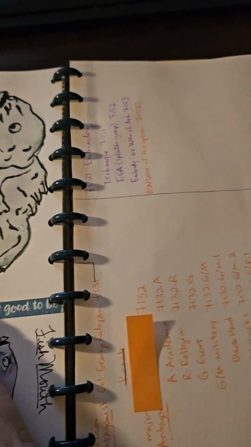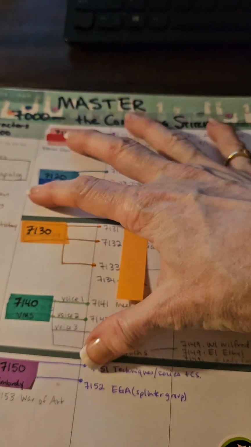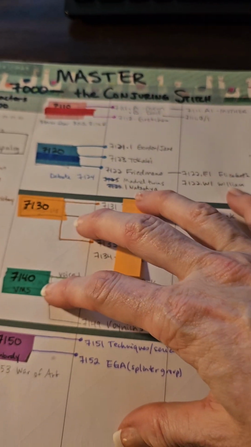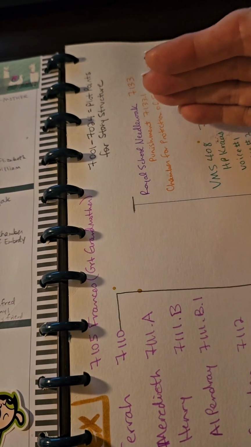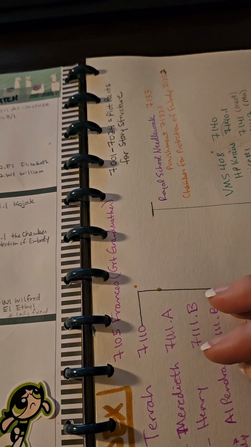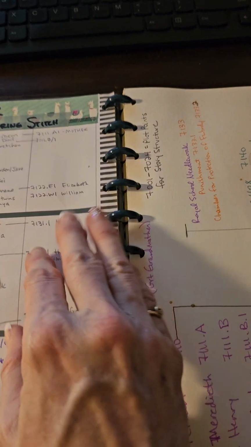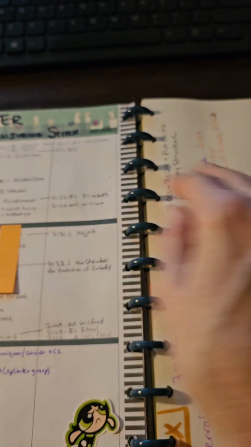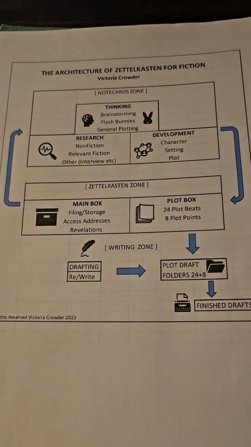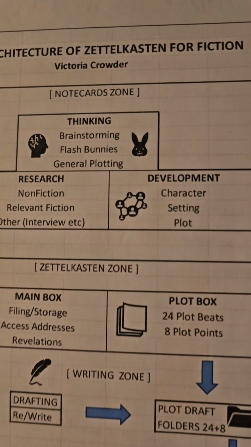So essentially what you're looking at is a way to develop your main characters and their characteristics alongside your main antagonists and their characteristics so that you can then start to weave the story together and build them off of each other. As a final note, let's look at how the architecture of my Zettelkasten works.